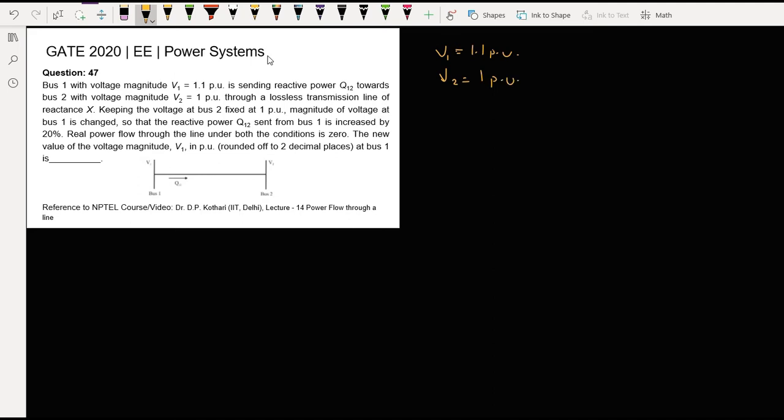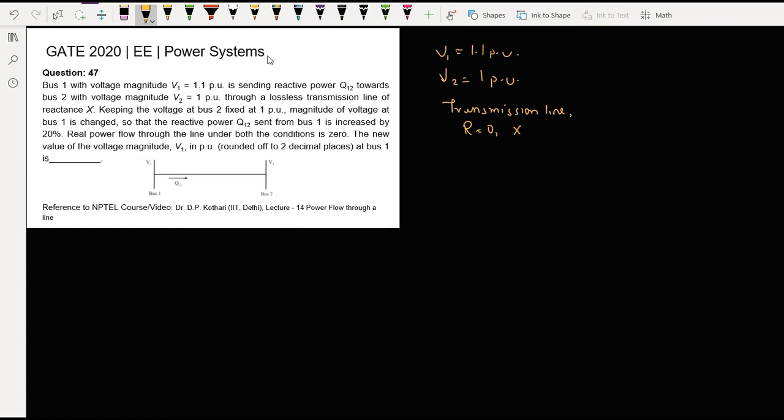Since the transmission line is lossless, the resistance of the transmission line is 0 and reactance is X. In both the cases, the real power flow through the line is 0.